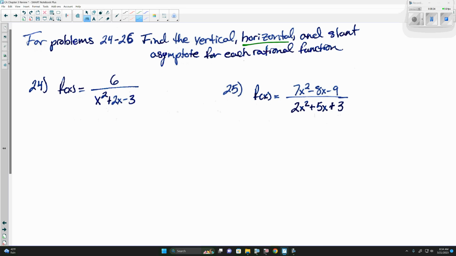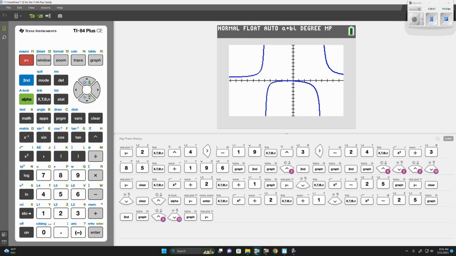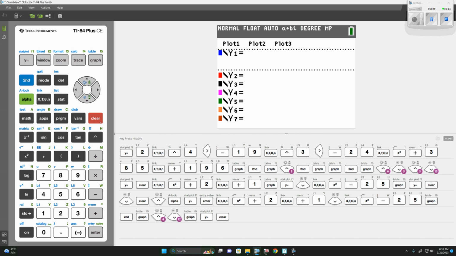So if we look at the first one here, because we can look at all three, 6 over x squared plus 2x minus 3. So our vertical asymptote is going to be whatever is going to make x squared plus 2x minus 3 be 0. And one of the nice ways to find that is, well, graph it.